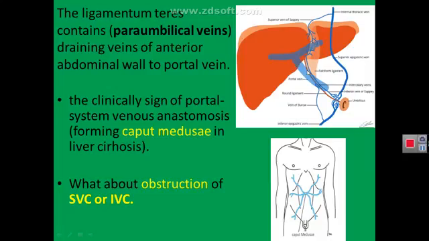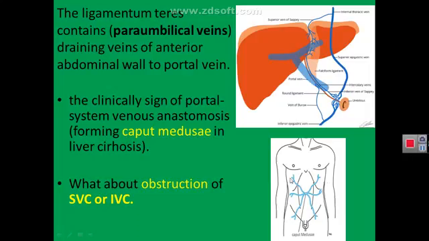So the return of portal venous blood to the paraumbilical vein and then the umbilicus, and then going superiorly to the superior vena cava and inferiorly to the inferior vena cava, results in dilatation of the veins around the umbilicus, producing a rosette-like configuration, which is called caput medusae.